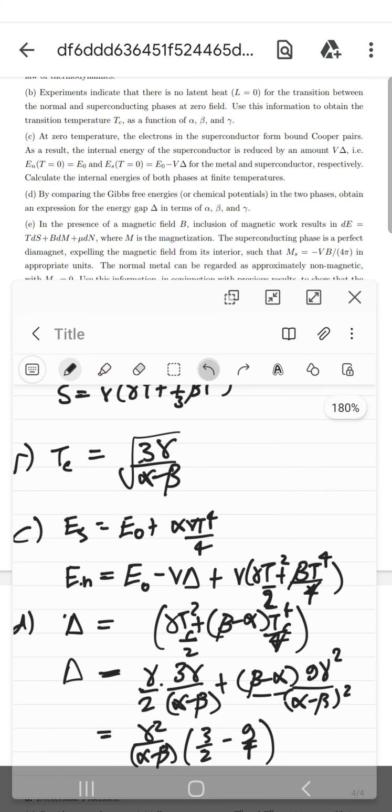3 gamma upon. Okay. How does that even make sense? 3 by 2, and that's, wow. No, it doesn't make sense. If you had an extra T and that's how you got this. Yeah, that's about right. And subtracted that.